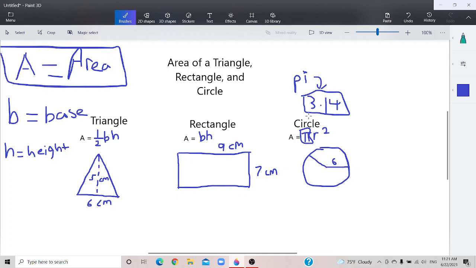So we use that to find the area of a circle, because there aren't any sides or corners or angles for a circle. So this right here would be the radius.